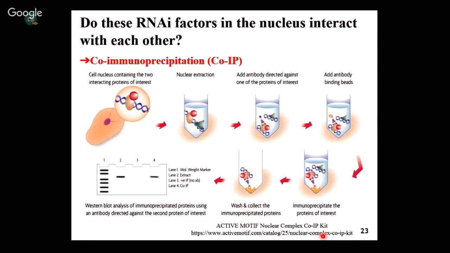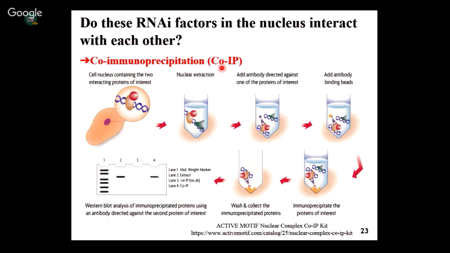After knowing that these RNAi factors are present in the nuclear extract, they also wanted to know whether these factors interact with each other in the nucleus. So they used a method to test protein-protein interaction called immunoprecipitation, or IP.